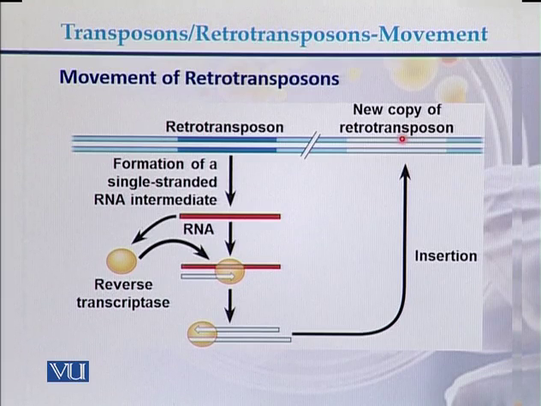So for the movement of a retrotransposon, the intermediate is RNA. There is a formation of single-stranded RNA that acts as the intermediate, and it is first converted into DNA, and then that DNA is inserted into another location. So this is how retrotransposons move from one place of the genome to another place.